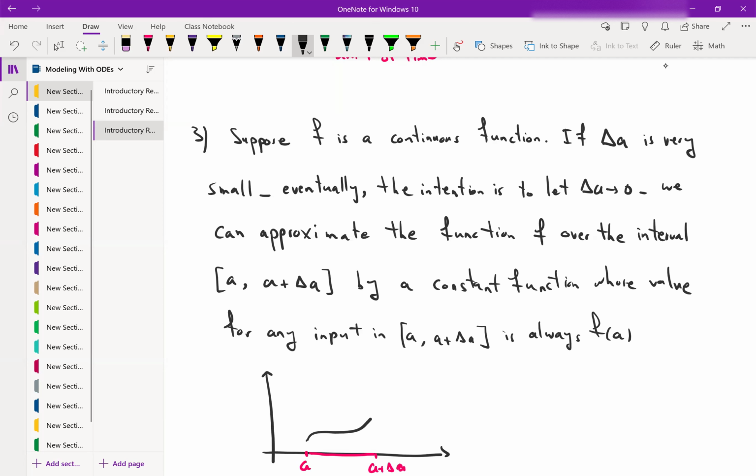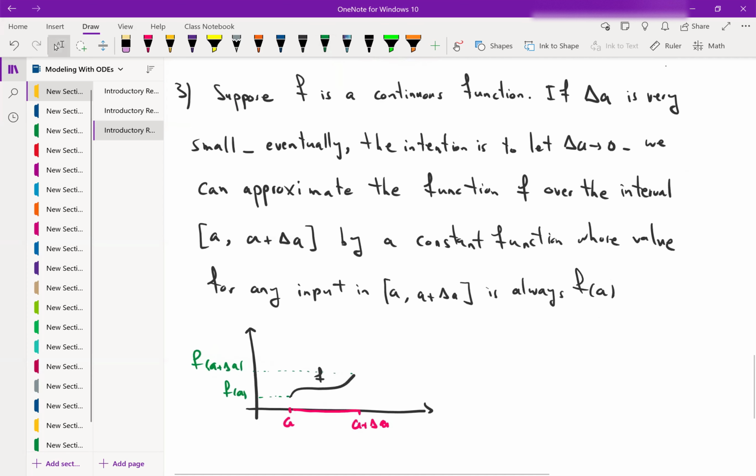This is the graph of the function f. This will be f evaluated at A, and this will be f evaluated at A plus delta A. So f is not necessarily a constant function on this interval.